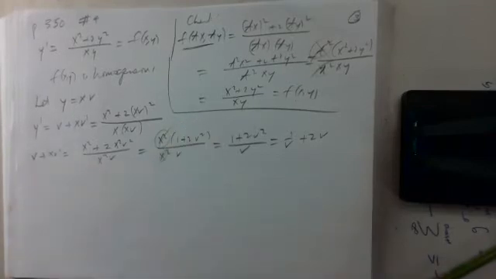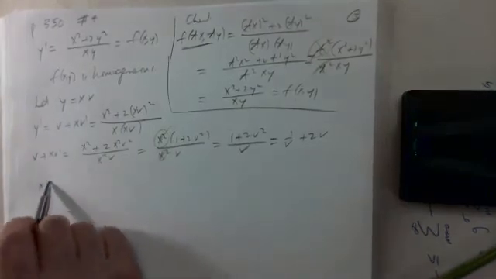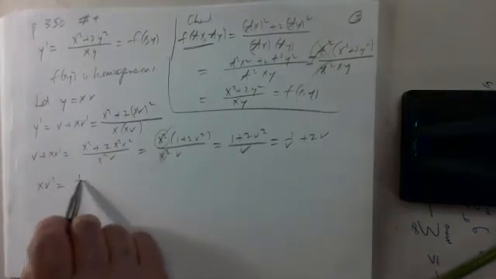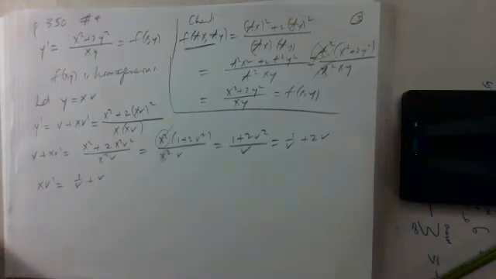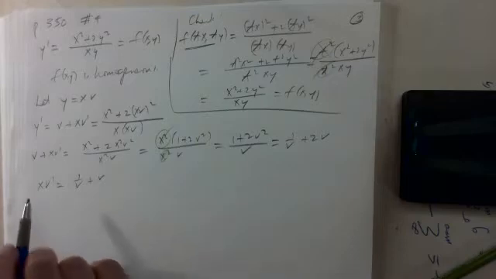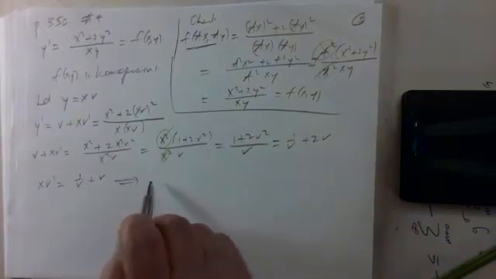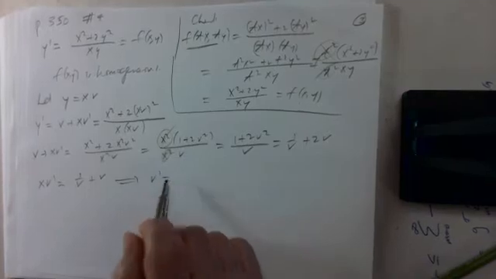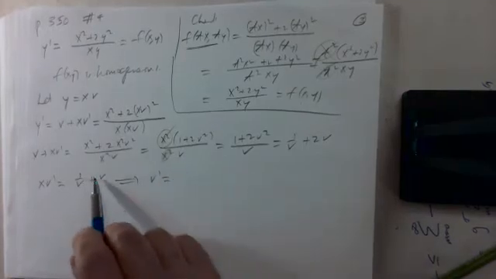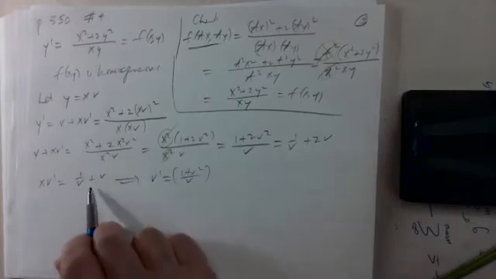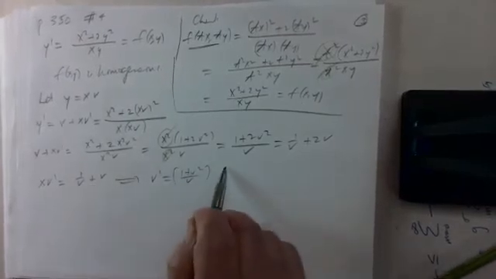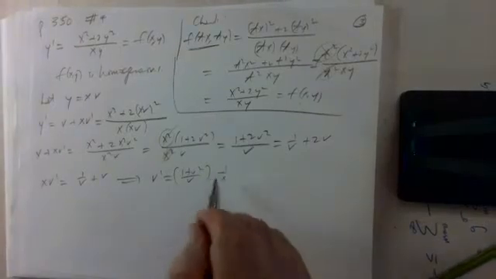So let me subtract the v. I get x v prime is 1 over v plus v, or v prime equals, let's see, this is actually 1 plus v squared over v times 1 over x.